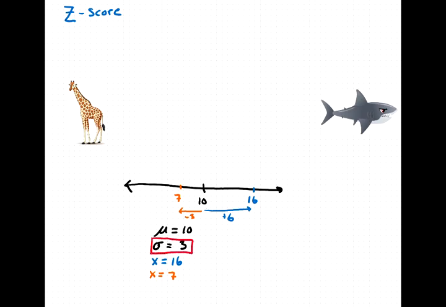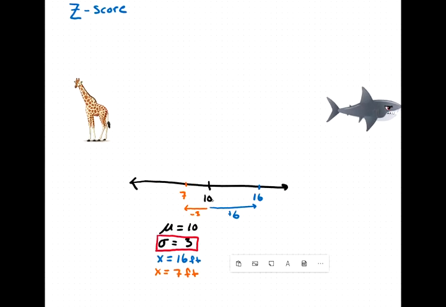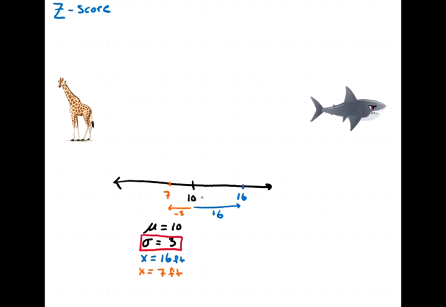So let's say all of these are measured in feet. So this is 16 feet, this is 7 feet, and the mean is 10 feet. So these two are separated by 6 feet, and these two are separated by -3 feet.